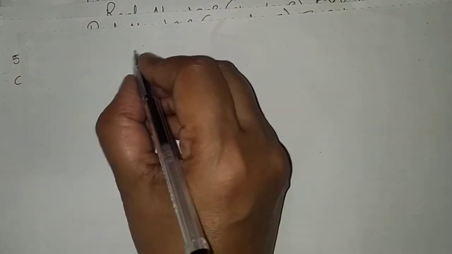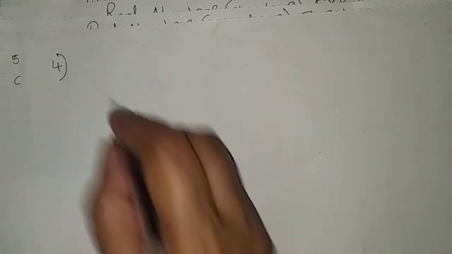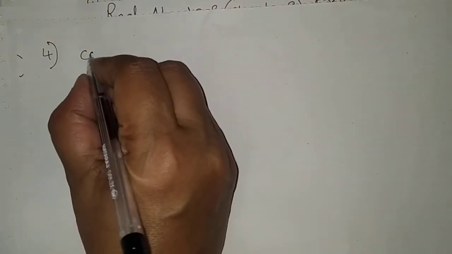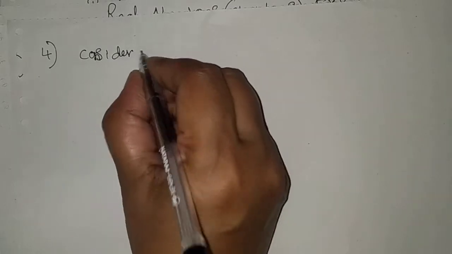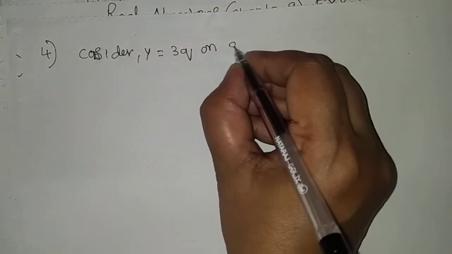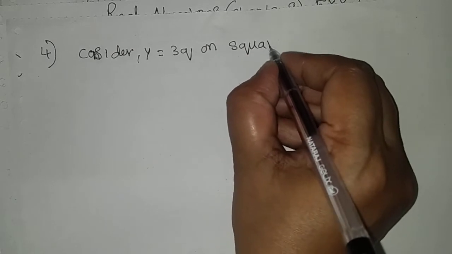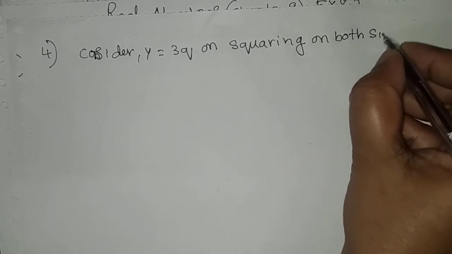Consider. So fourth problem. Continuing this, consider y is equal to 3q, on squaring both sides.